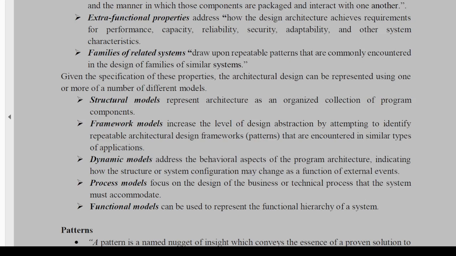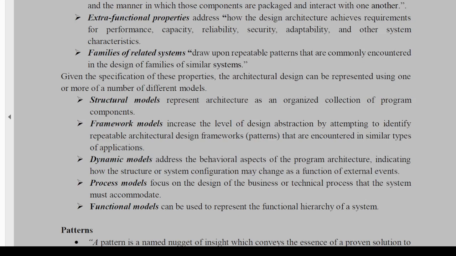Structural model represents architecture as an organized collection of program components. And framework model increases the level of design abstraction by attempting to identify repeatable architectural design frameworks that are encountered in similar types of applications.